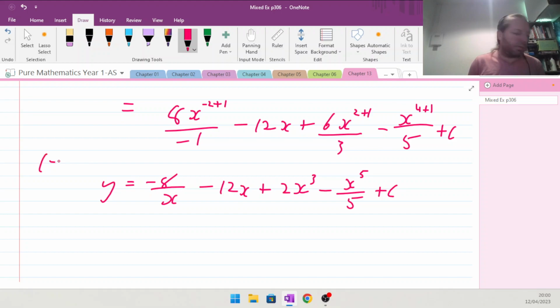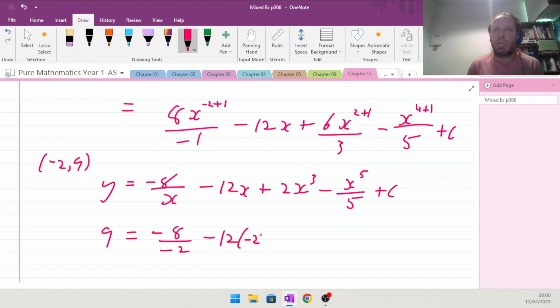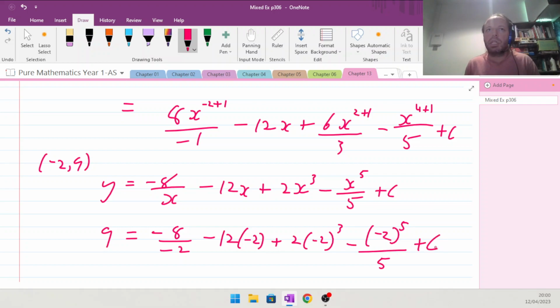Now we know that we've got a point here which is minus 2, 9, so let's sub that in. This will help us find c. So 9 equals minus 8 over minus 2, minus 12 times minus 2, plus 2 times minus 2 cubed, minus, not x, but minus 2 to the 5 divided by 5, should have a minus in there, plus c.